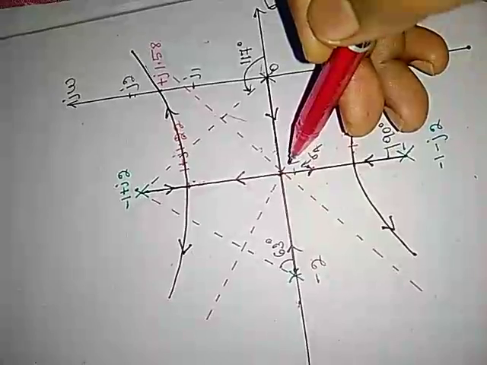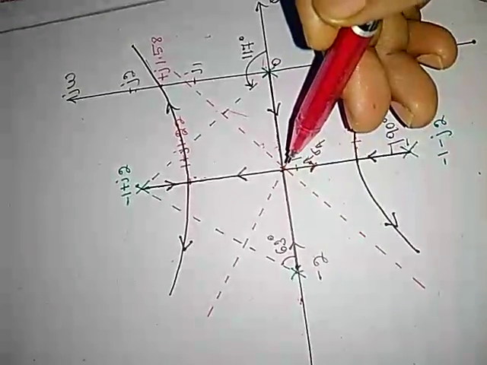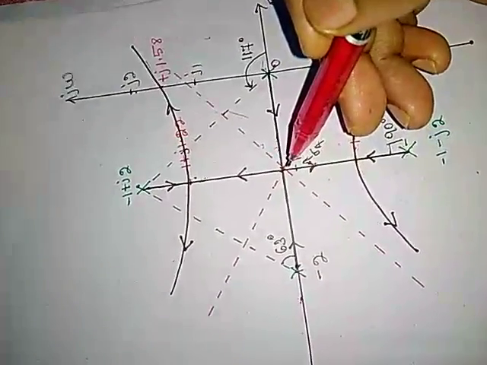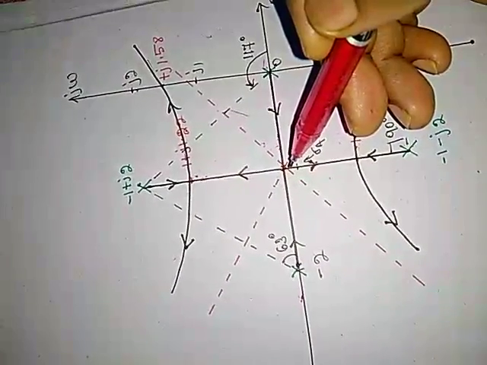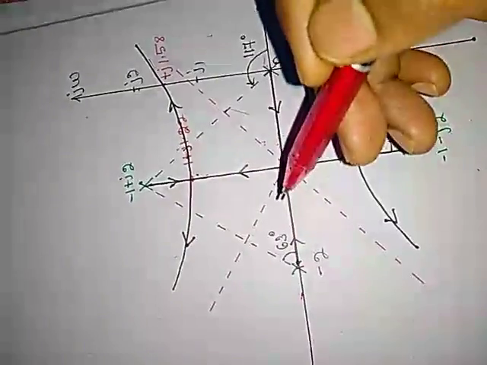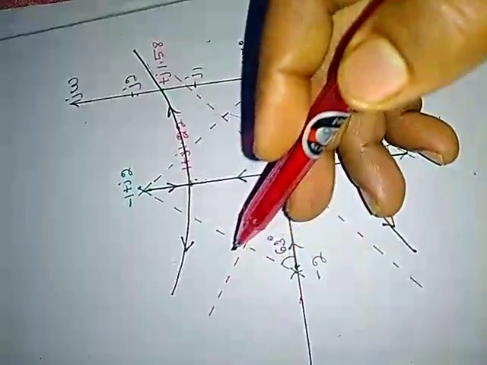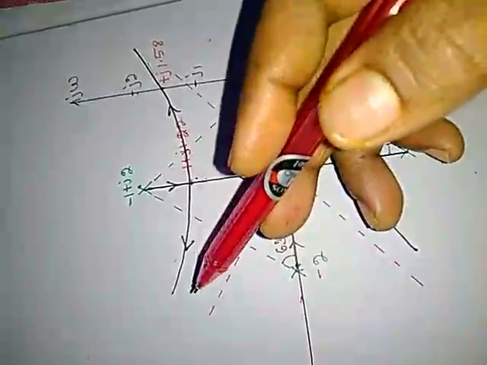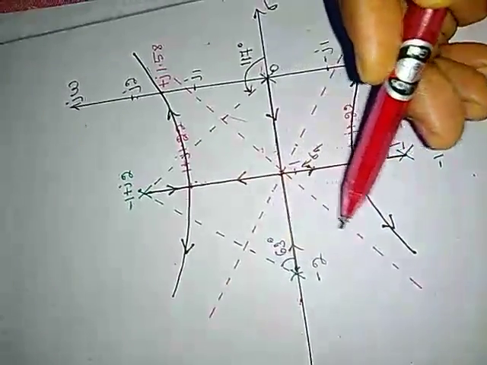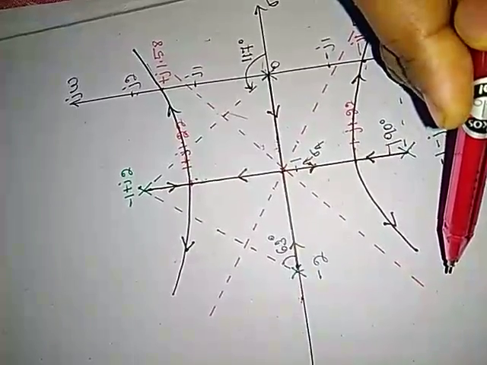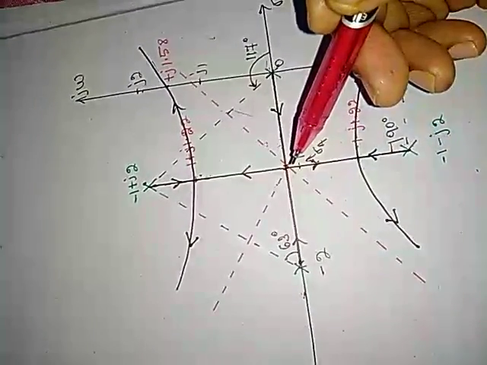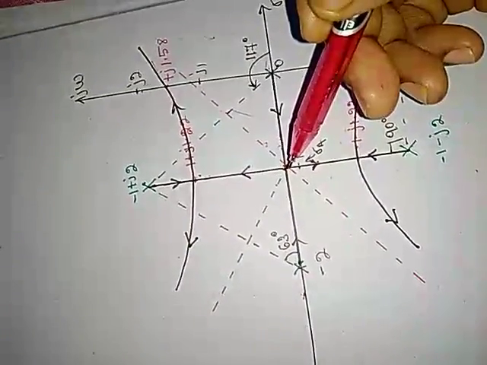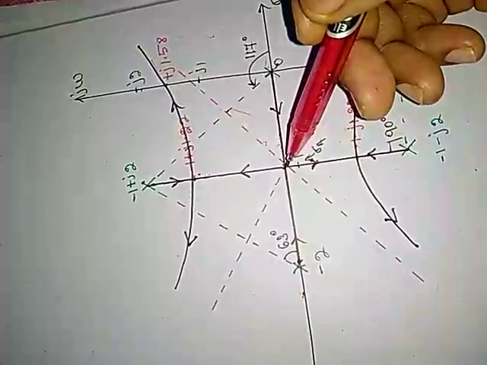Third trick, if the breakaway point is greater than the centroid, then your root locus moves away from the imaginary axis, you see my hand direction, like this. So here in our given question we find the centroid and breakaway point same.